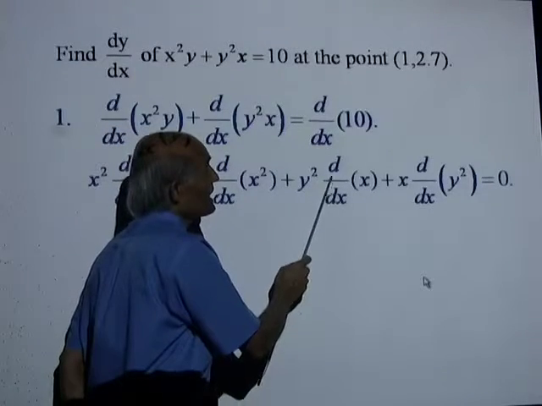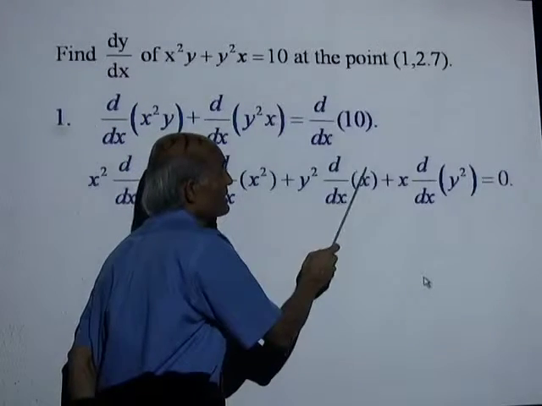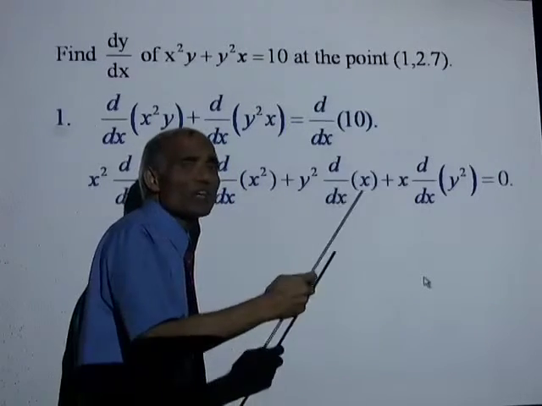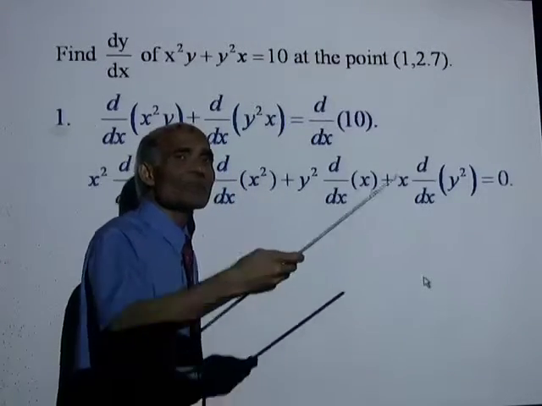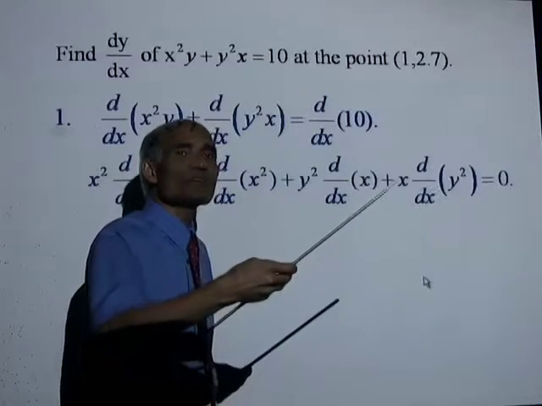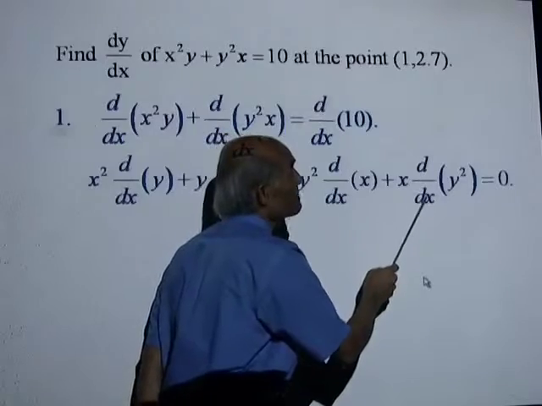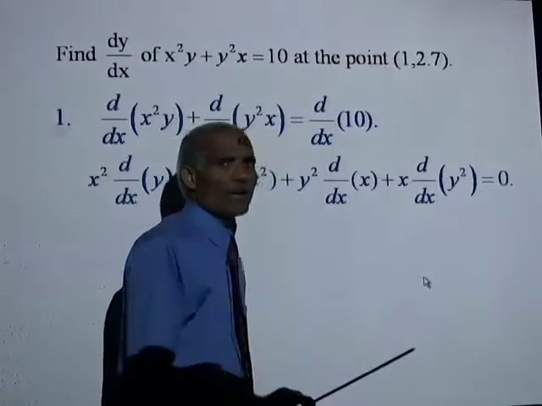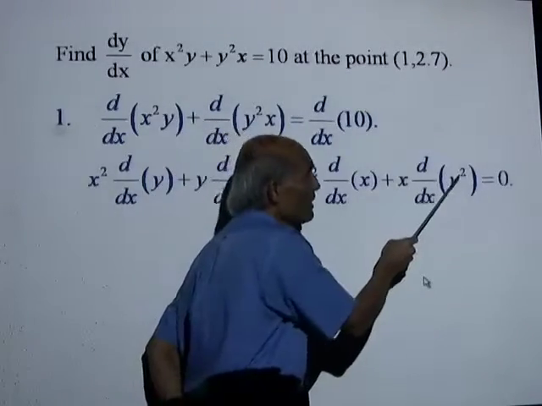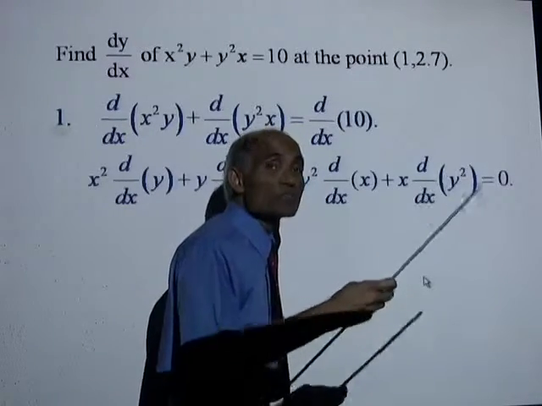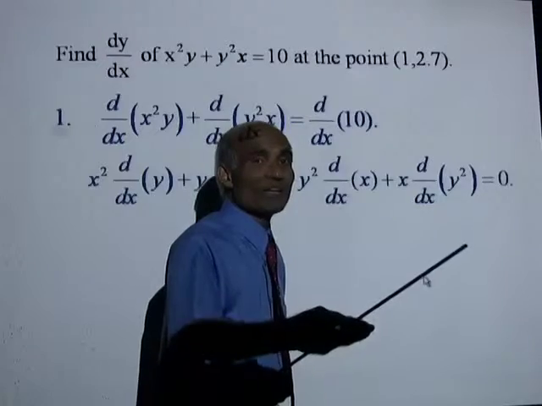And here, y squared times d by dx of x. What is d by dx of x? The derivative of x with respect to x is 1. And finally, d by dx of y squared. What is the derivative of y squared with respect to x? It is 2y dy by dx.